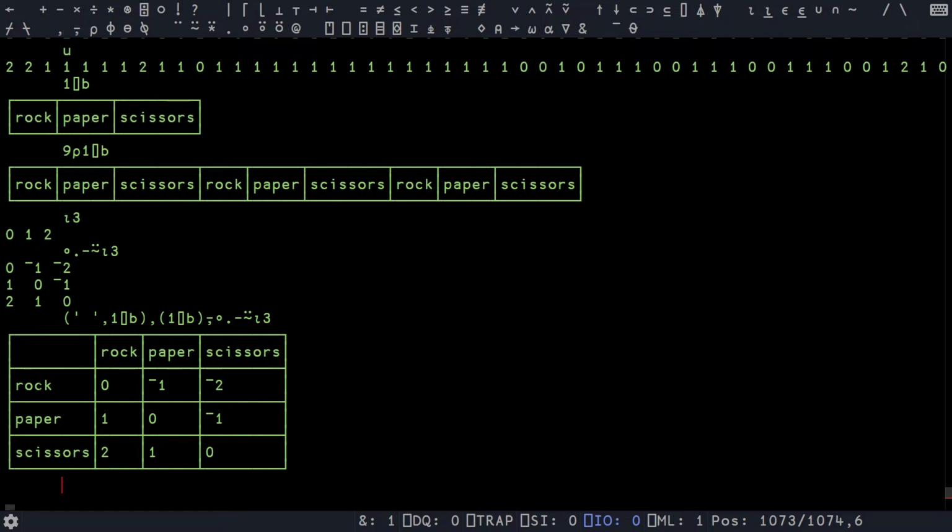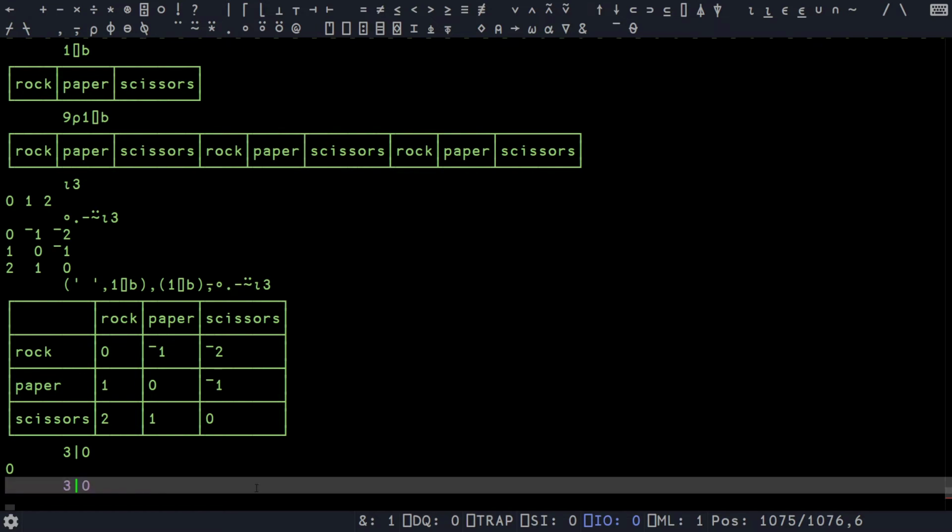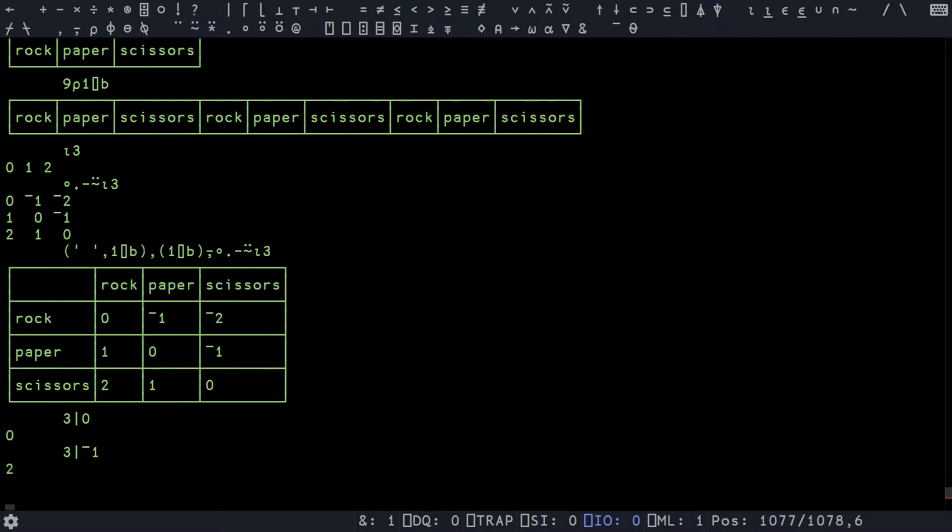So, for example, if we throw rock, then it's going to be a draw here. And then we have these negative values, which is kind of weird. So the way modular arithmetic works with negative values, if we take 0 mod 3, that's 0. That makes sense. But if we have a negative value here, then it starts wrapping around from 3 again.